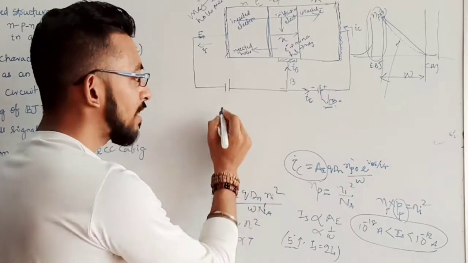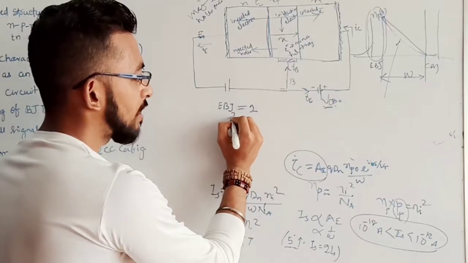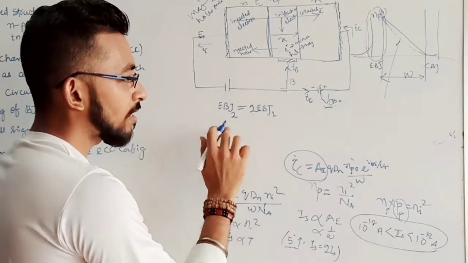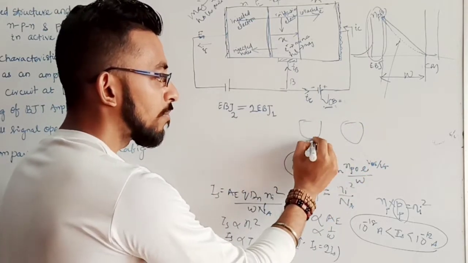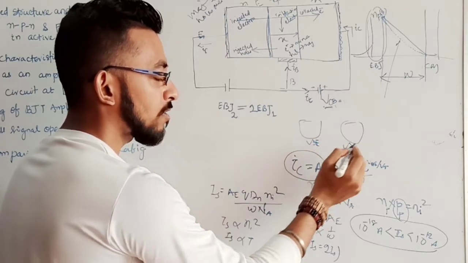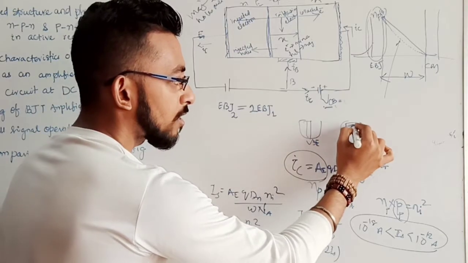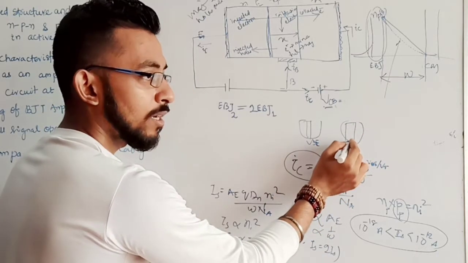So for a fixed VBE, if the emitter base junction becomes 2 times, EBJ2 becoming twice EBJ1, if I am taking 2 devices, here is one device, here is one device, for both devices VBE is constant, but the emitter base junction area here is double this one.